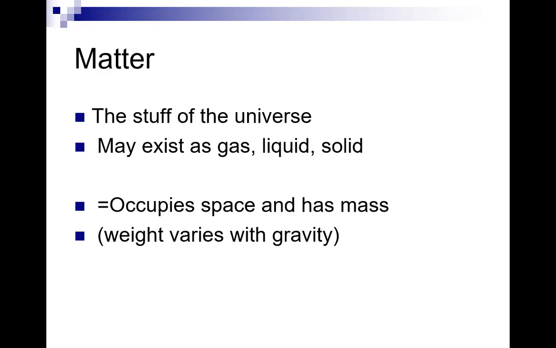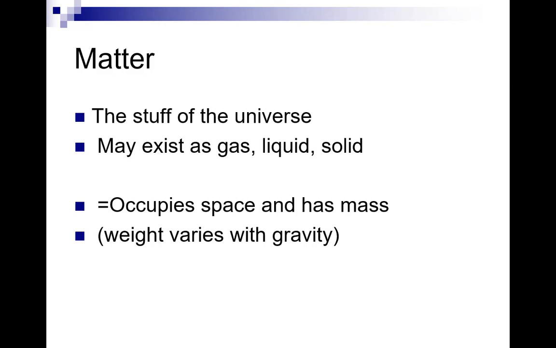Everything in our universe is made of matter, and it can exist in different states. We know those states hopefully from the past: solid, liquid, gas. All matter occupies space, so it takes up space, and it has some sort of mass. Depending on if you're here or at the moon, the weight can vary because of the gravity, but the mass would stay the same, how much space I physically take up.